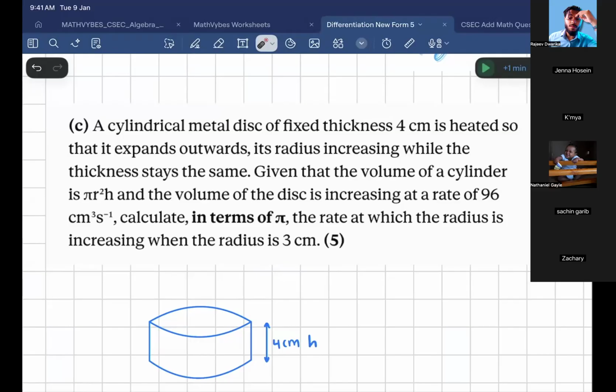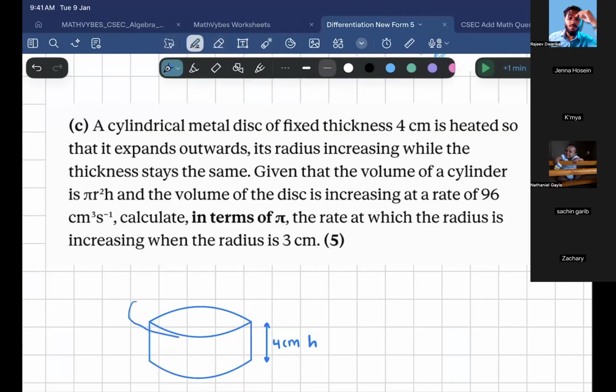The radius, yes. If it expands outwards, the radius is going to increase. I mean, if you catch that. Yes, sir. So its radius is increasing while the thickness remains the same.